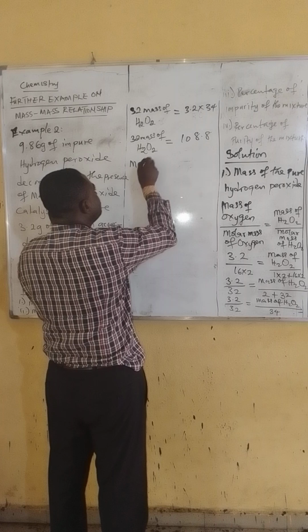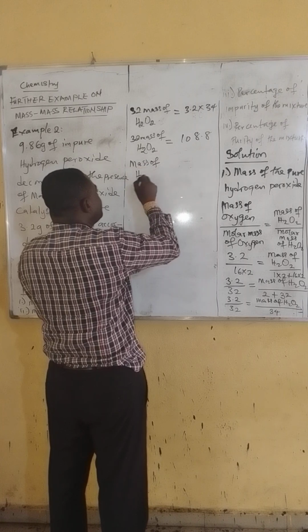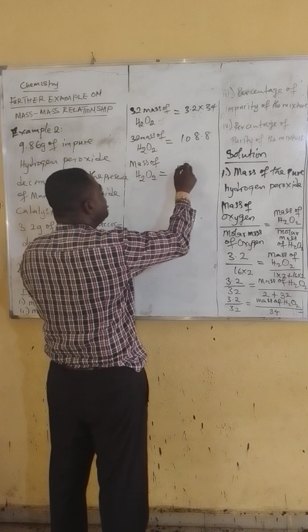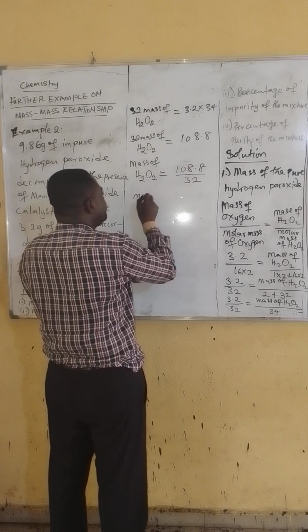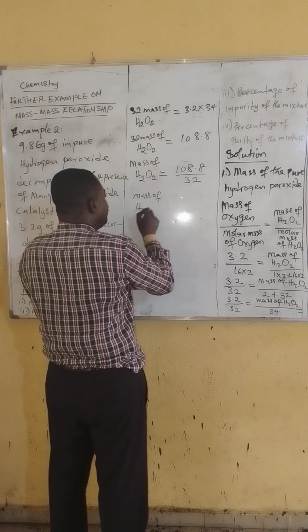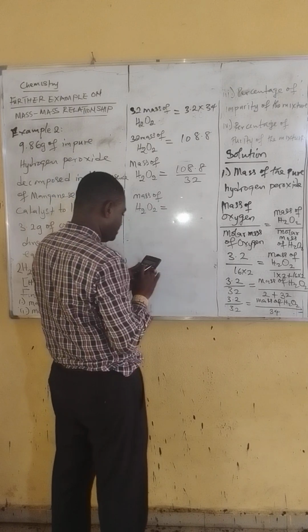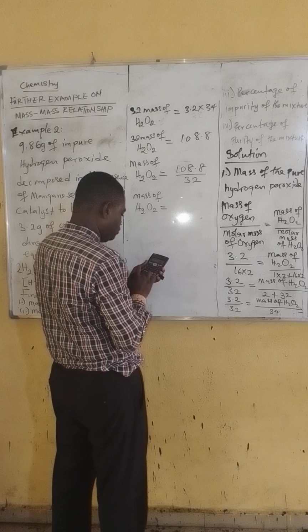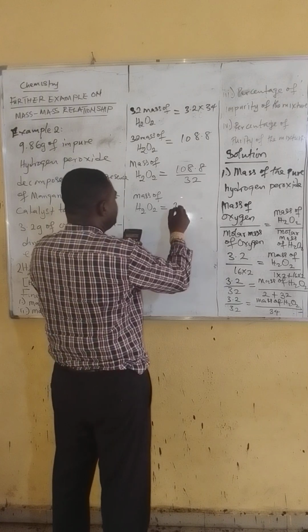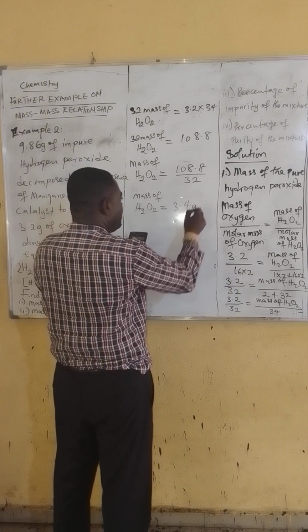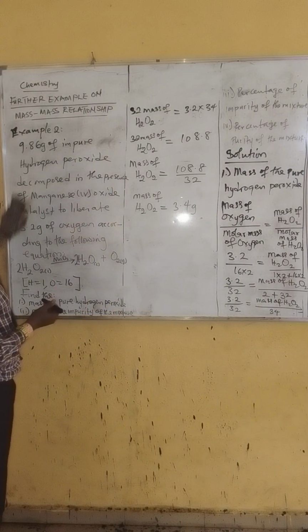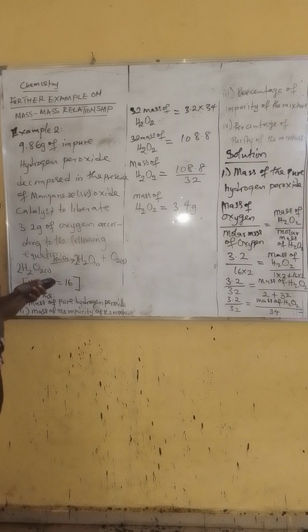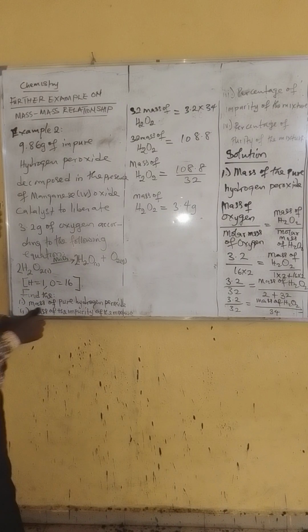The mass of hydrogen peroxide is 108.8 over 32, and our answer is 3.4 gram. So out of this whole 9.86 gram, hydrogen peroxide is only 3.4 gram. Then what is number 2?